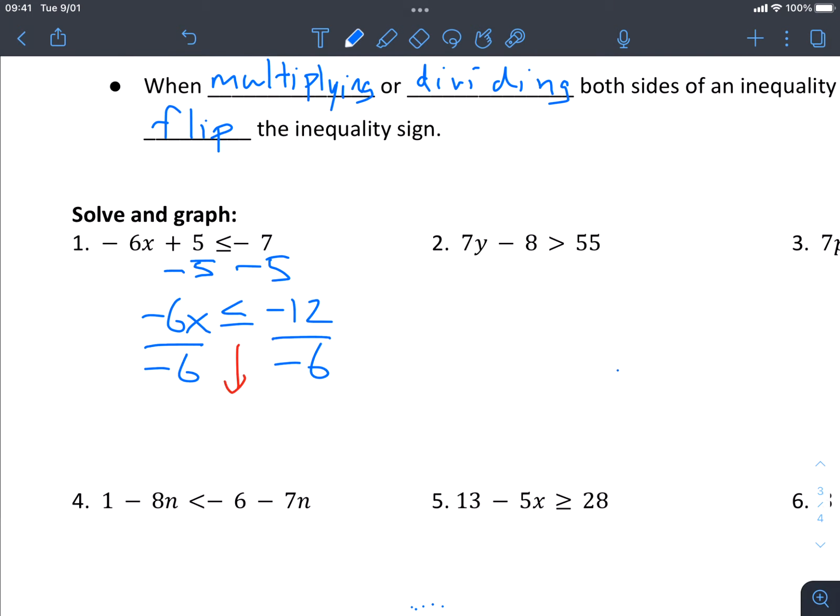So right off the bat, I'm going to flip my inequality, change directions, and negative 6 divided by negative 6 is 1, so those essentially cancel each other out, and I'm left with x. And on the right side, I have negative 12 divided by negative 6. I know negative divided by negative is positive. My x is greater than or equal to 2. So I divided by a negative, so I had to flip my sign. But other than that, I'm solving equations just like I normally would. This is no different than what we've done before.